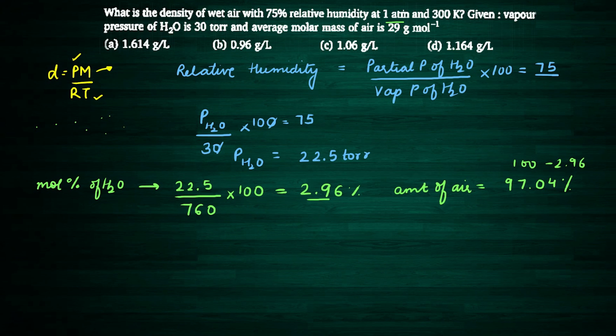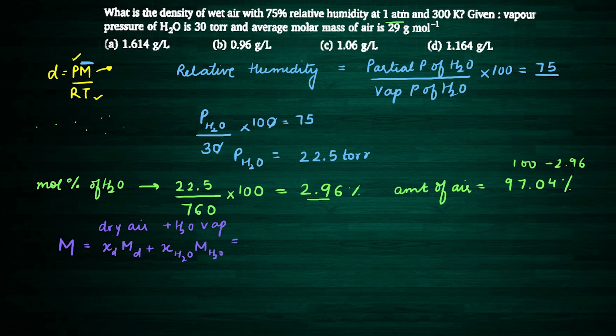Now, for the molecular weight of wet air, it can be considered as a mixture of dry air and water vapor. So we can say that the number of moles of dry air times the molecular mass of dry air plus the number of moles of water times the molecular mass of water will give us the total molar mass.